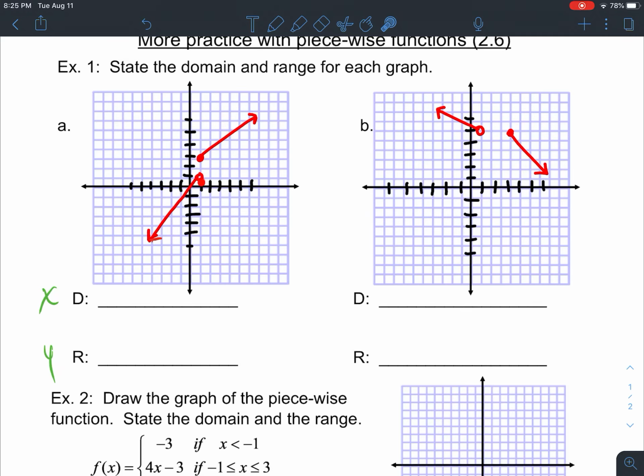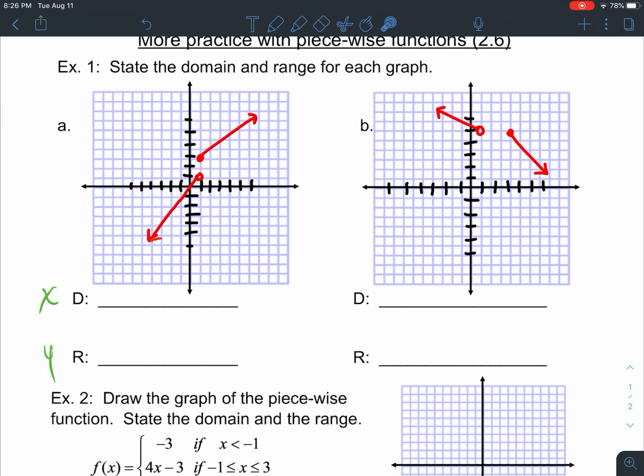Once you've identified that leftmost x value, which again is negative infinity, you would want to imagine traveling from left to right on that piece until that piece stops. You'd want to pay attention to what the x value is. On this particular graph, it's a 1. And then you'd want to look at the other piece and see if that piece picks up at the exact same x value where the other piece left off.